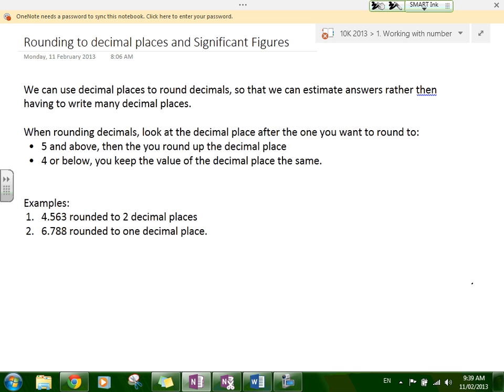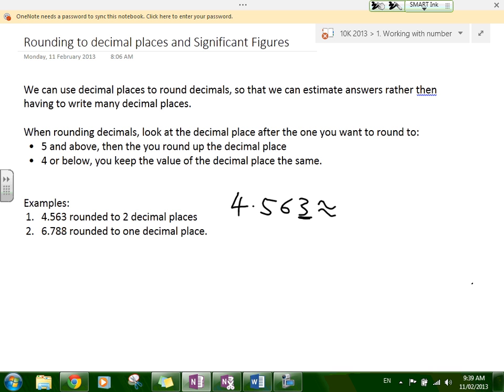So if you look at this one, 4.563. That's 3 decimal places. It's saying round to 2 decimal places. So if you write it here, 4.563 is approximately, and just to note, the curly equal sign is an approximately equal sign. So when we're rounding to 2 decimal places, we need to look at the third decimal place. So in this case, it's 3.